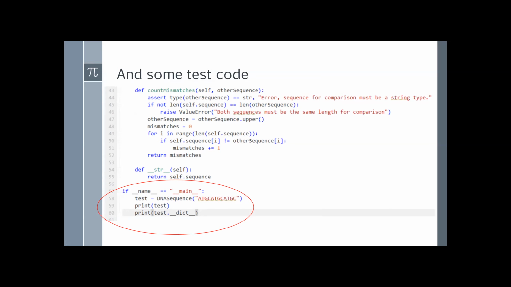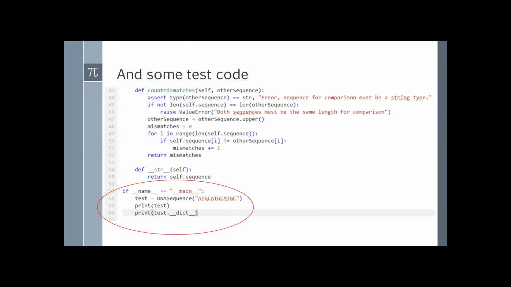Okay. In here, we don't have to say test equals DNA sequence self and sequence. We don't have to write self. Right. When you call things in objects, you don't have to pass self in the arguments, except when you're defining the methods themselves.